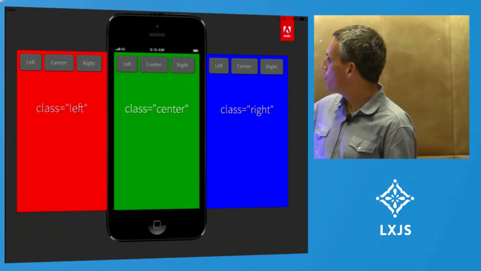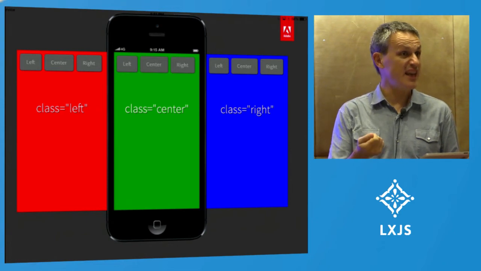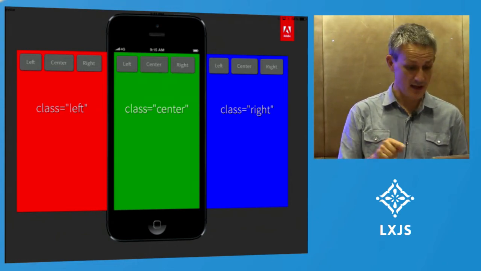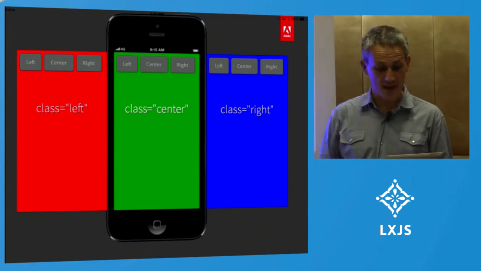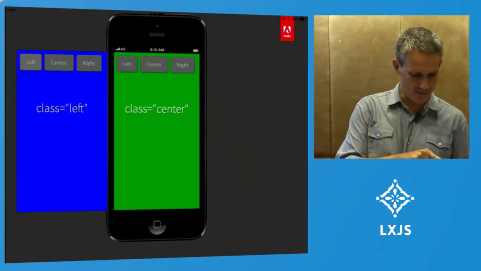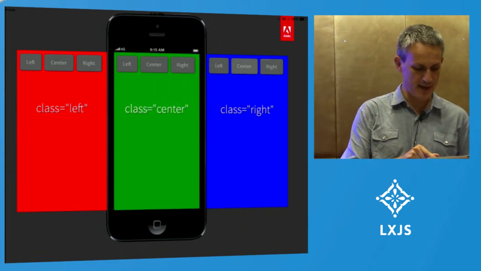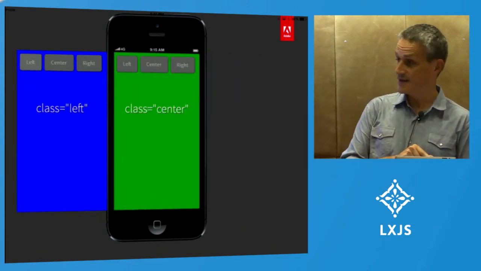And when I need to move this guy there, the only thing that I'm going to do is basically change the class name. Okay, and I'm going to say, well, if it needs to move there, I'm going to assign that's all the way to the left or center, right. So basically, you just play with that class name.